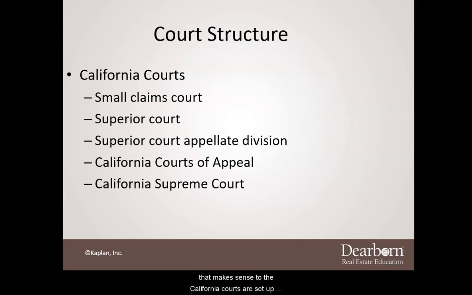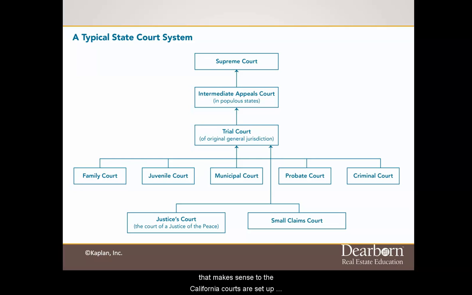So the California courts are set up very similarly to the federal courts. If you could overlay a triangle, if I weren't lazy, I would edit this video and draw a triangle over here. But the top of the triangle is very small.